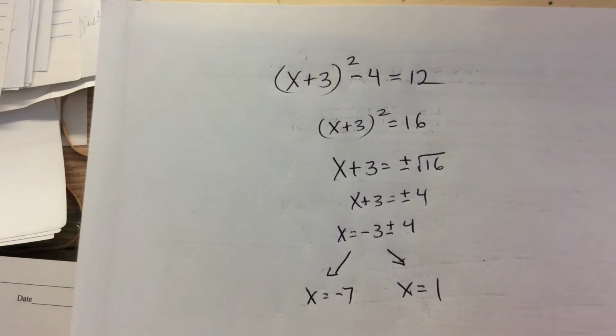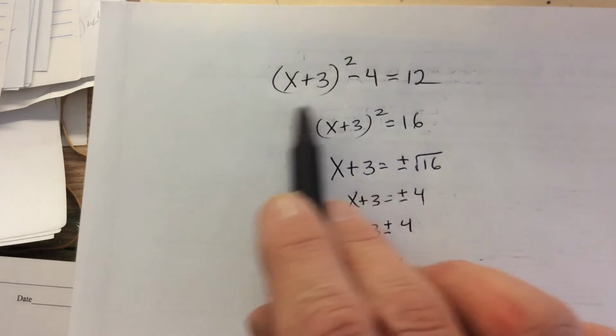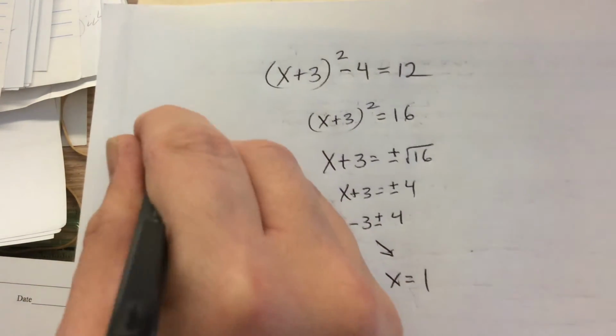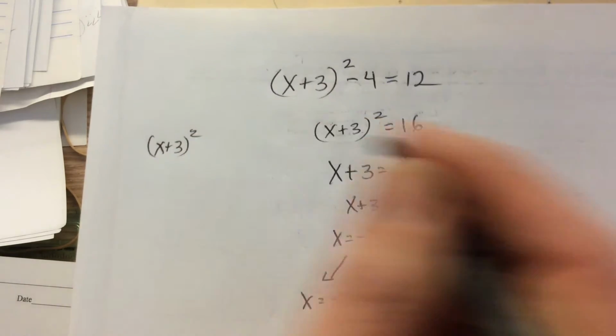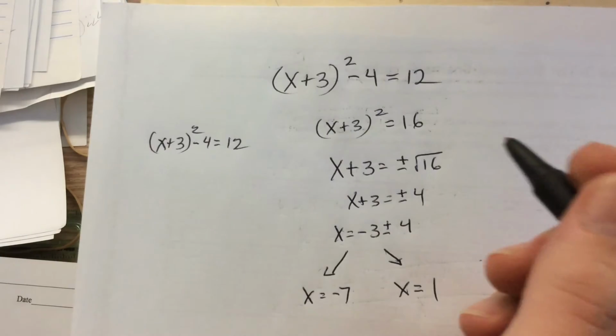Could you use the quadratic formula for this? Yes, but not right away. If you wanted to use the quadratic formula for this, you would have to square this, then subtract this, and then set it up so it was equal to 0.